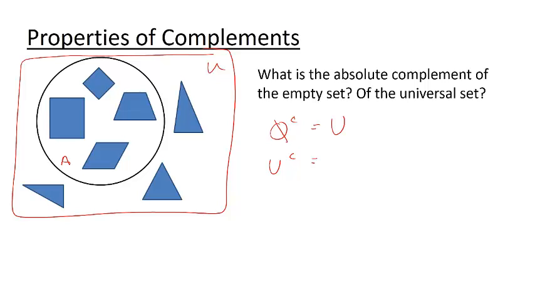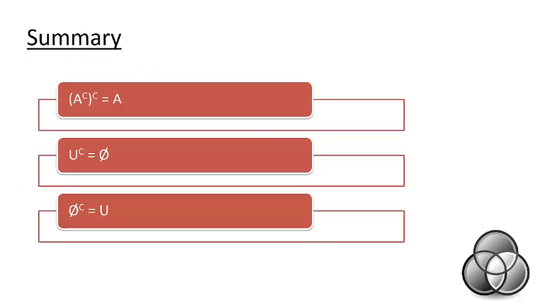Well, in this case, we're looking for the elements inside of U that aren't in U, and there are no elements, so we're going to get the empty set. This slide is a quick summary of the properties of absolute complements.